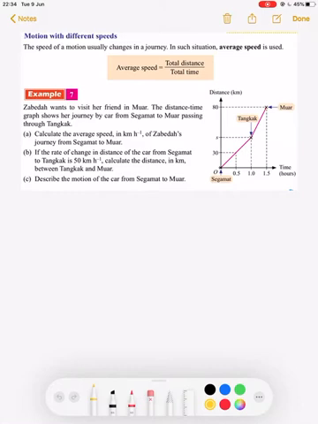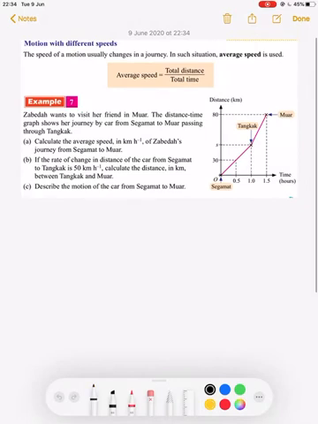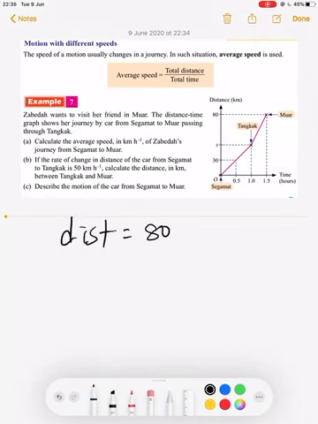Okay, so from Segamat to Muar, we have to calculate the total distance and the total time. So we can see that from Segamat to Muar, the distance is 80 kilometer, and then the time is 1.5 hour.